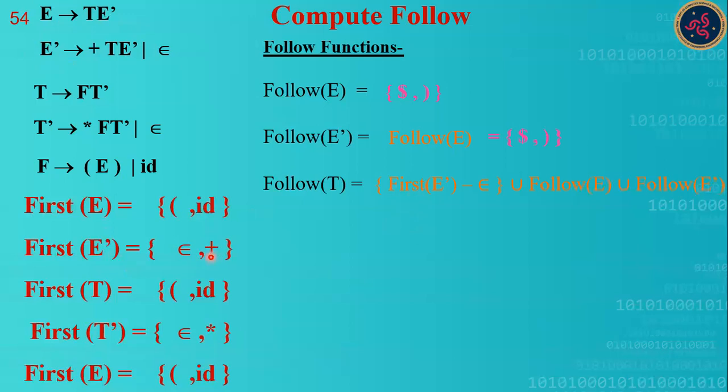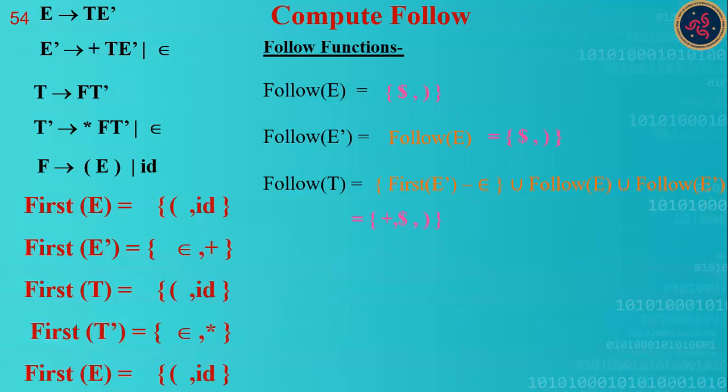From this set we have to remove epsilon, so here plus will be taken. Again union follow of E. What is follow of E? That is dollar symbol, closing bracket, union follow of E prime. Again it is the same value, so here we can take the values plus, dollar symbol and closing bracket.